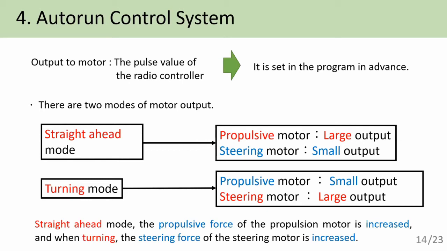Second is turning mode. In turning mode, the propulsive motor has small output and the steering motor has large output. In straight ahead mode the propulsion force of the propulsion motor is increased, and when turning, the steering force of the steering motor is increased.